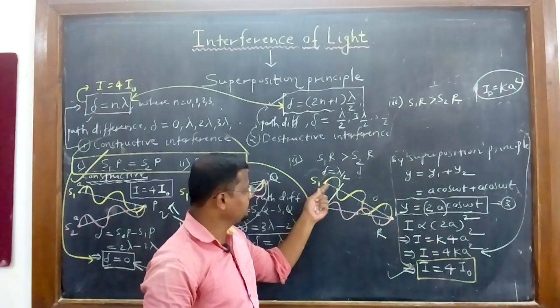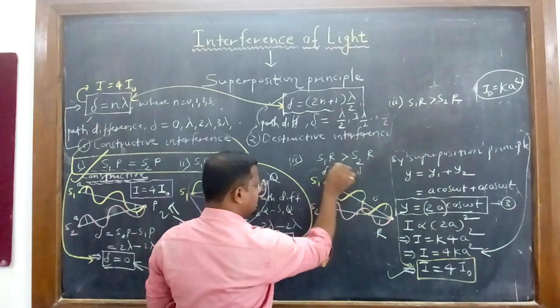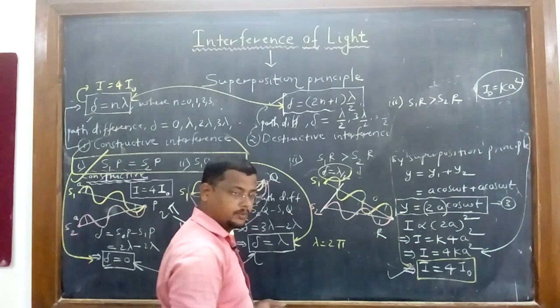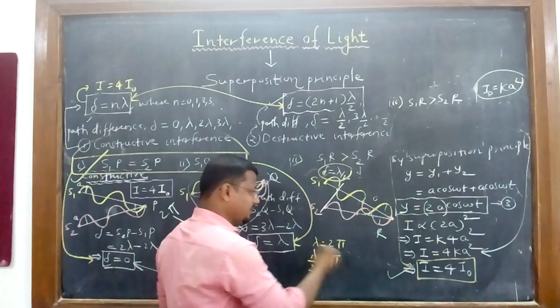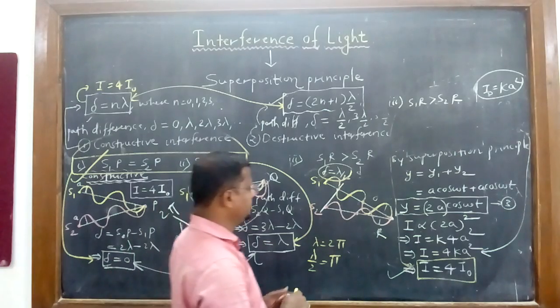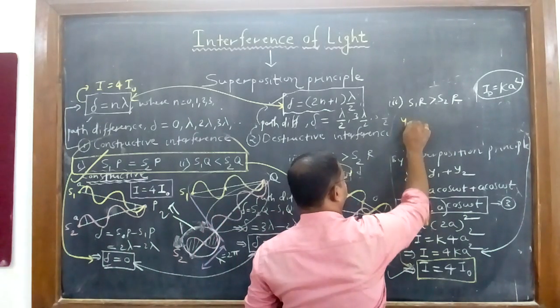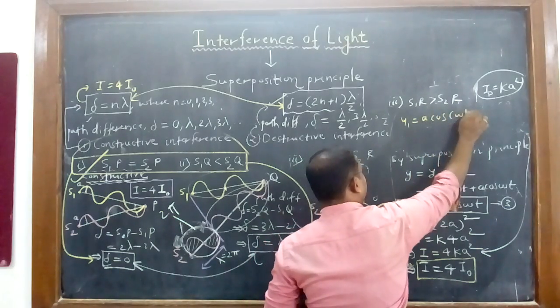So now here I can see, in the first wave, this much portion is extra. My question is how much angle here? Lambda by 2. We know lambda is equal to 2 pi. Then what is lambda by 2 equal to? Is it equal to pi now? So what is the first wave here? I will write like this: y1 is equal to a cos of omega t.